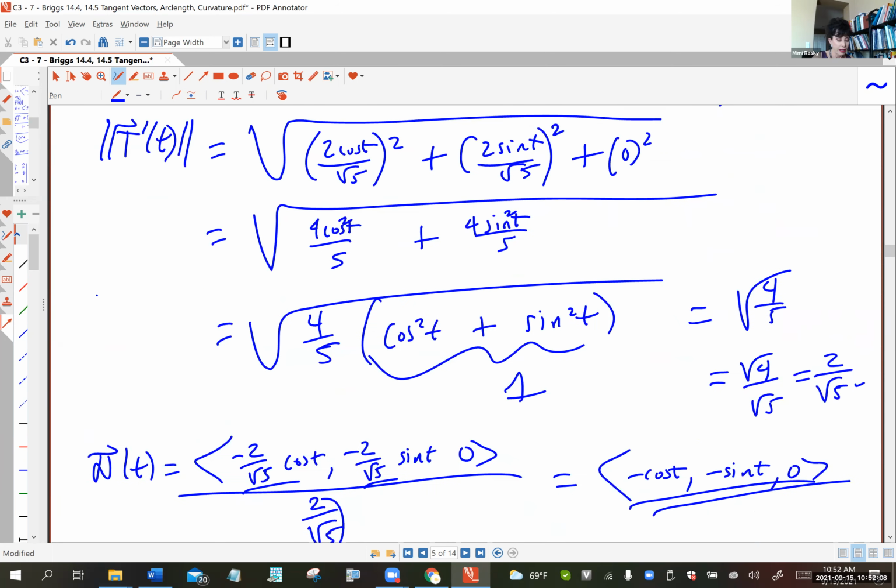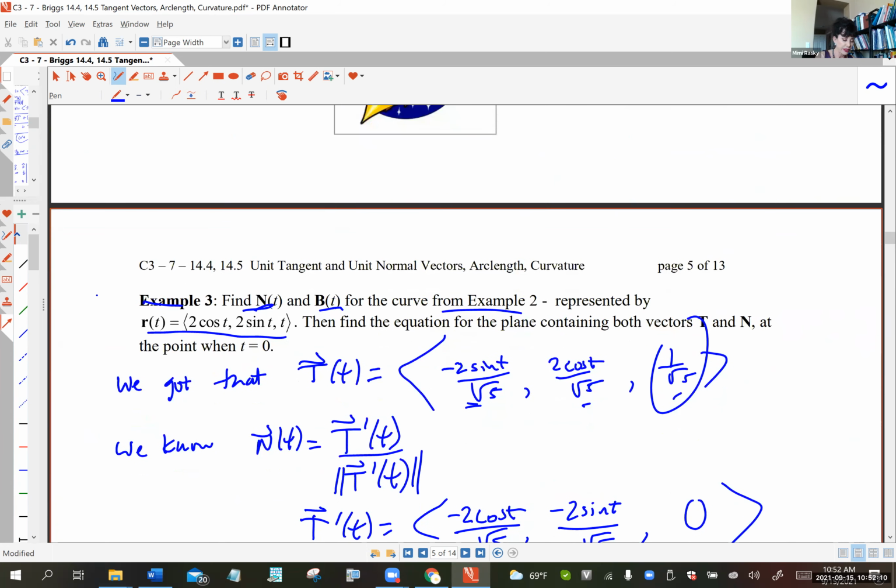Why? Because the final thing they wanted us to do after they said go find big N and big B, which we did already, good deal, we're going to find the equation for the plane that contains T and N. So if I draw a picture here, let's say T was pointing this way, and then we know N is always going to be orthogonal.